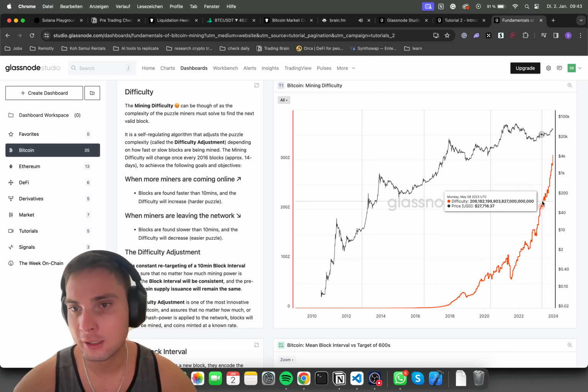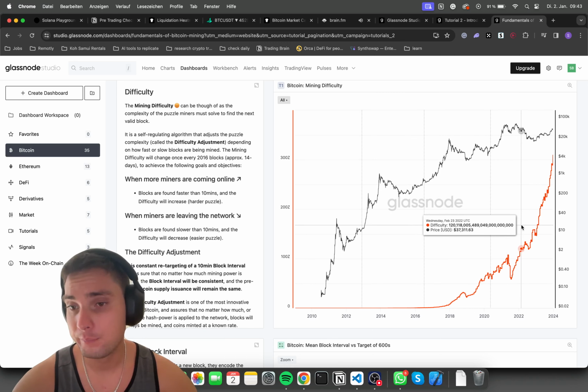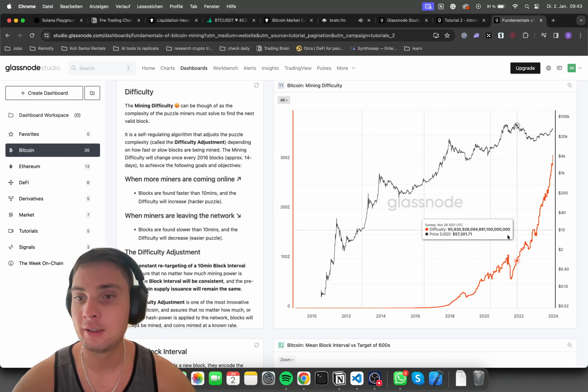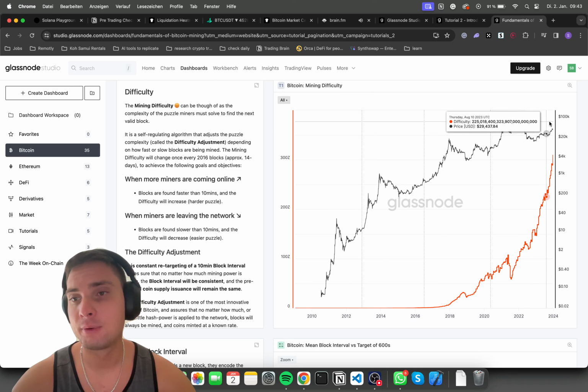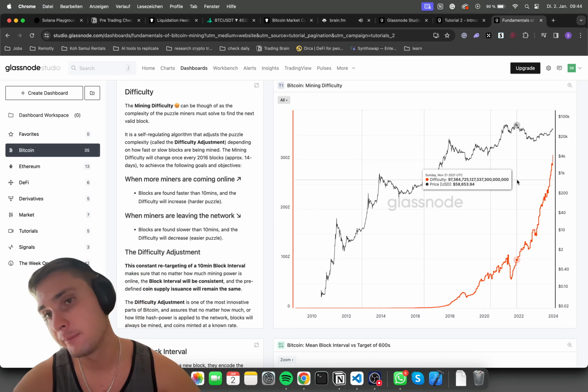So these two come together, but the extreme spike in mining difficulty and not much price movement, since miners can move the market as well, because they have bitcoins that haven't touched the market yet.